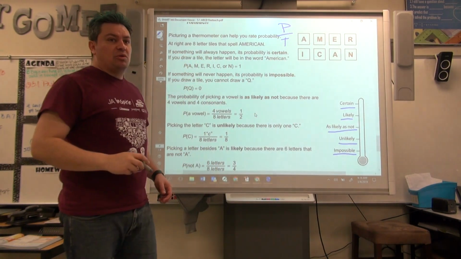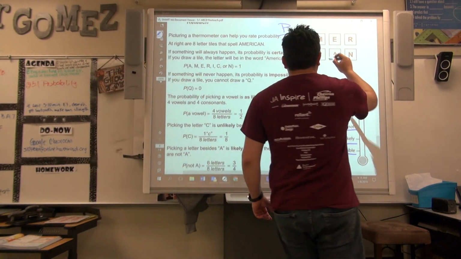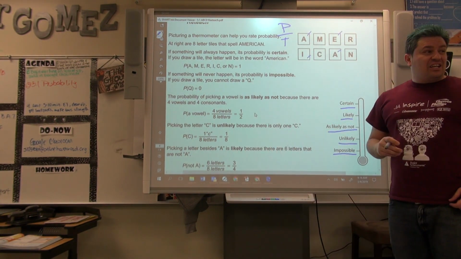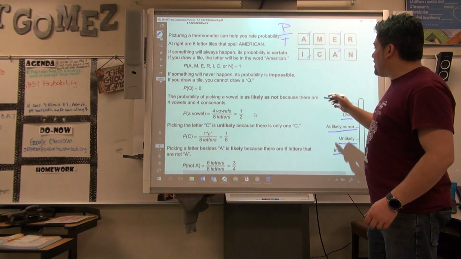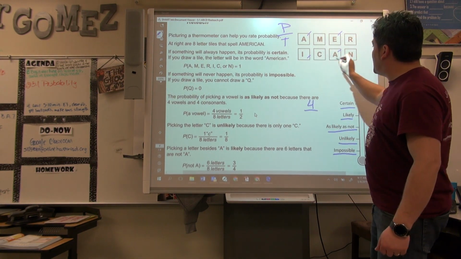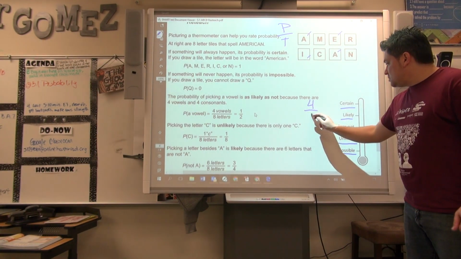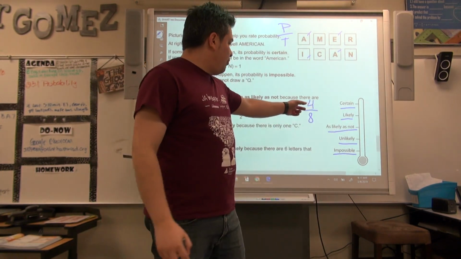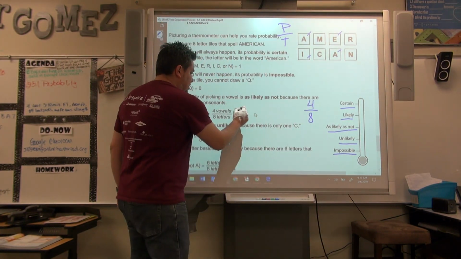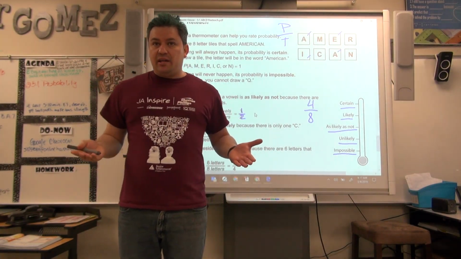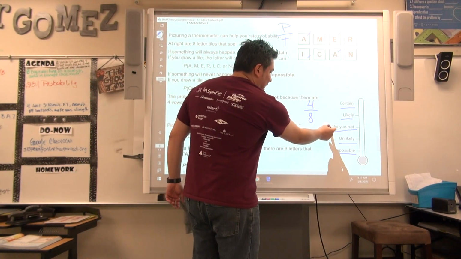So it says vowels. How many vowels do we have? We have 1, 2, 3, 4. That's gonna be my part. How many total letters do we have? 8. That's all you do, and simplify at the end. So 4/8 is the same thing as 1/2. So the probabilities are 50-50, right? That's gonna be as likely as not.